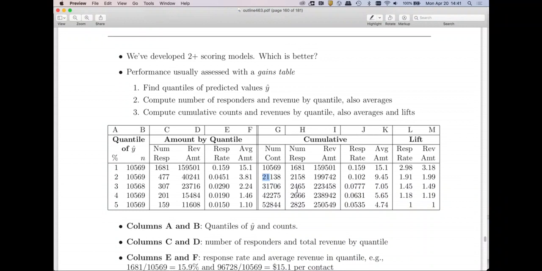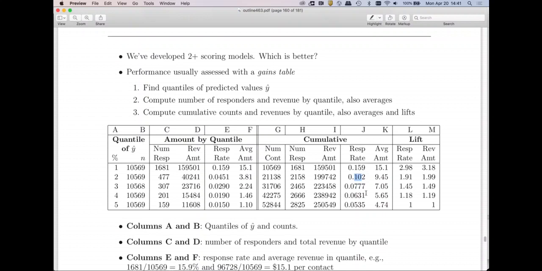All right. Now, we could also total up the number of responders we get. Notice if we add the 1,681 in the first quintile to the 477 in the second one, we get about 2,100 responders. Now, if we divide the 2,158 responders by the total number of those contacted in the first two quintiles, you get about a 10% response rate.